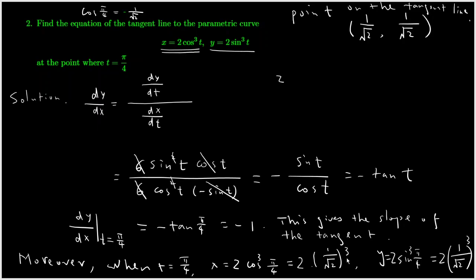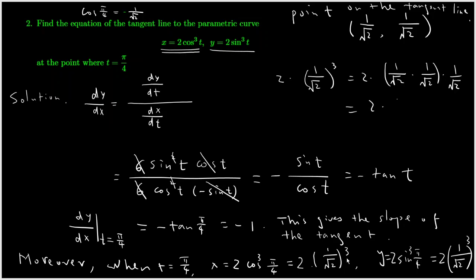Now let's try to compute 2 times 1 over square root of 2, the whole thing cubed. So this thing is 2 times 1 over square root of 2, and then times 1 over square root of 2, and then times 1 over square root of 2. You combine these two, you have 1/2, right?